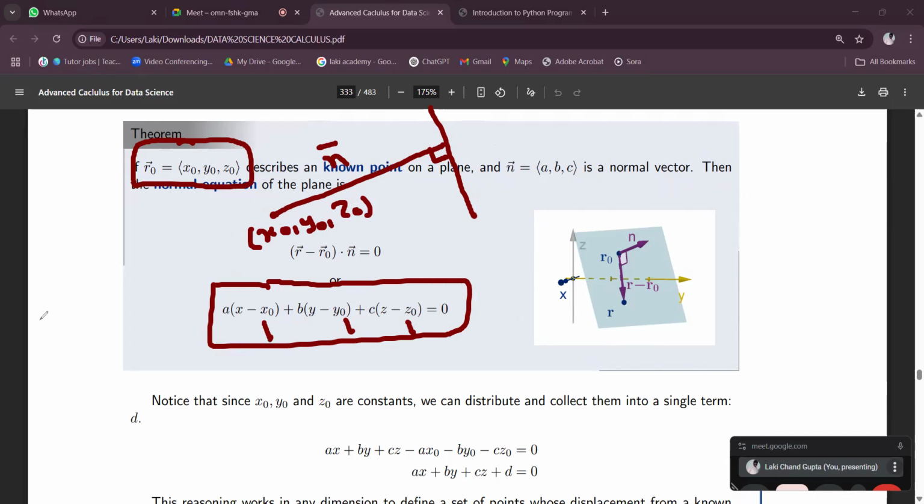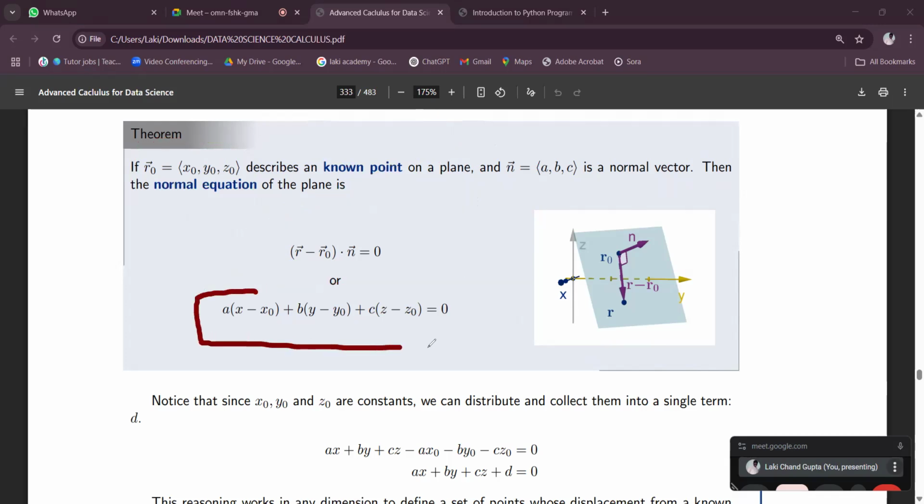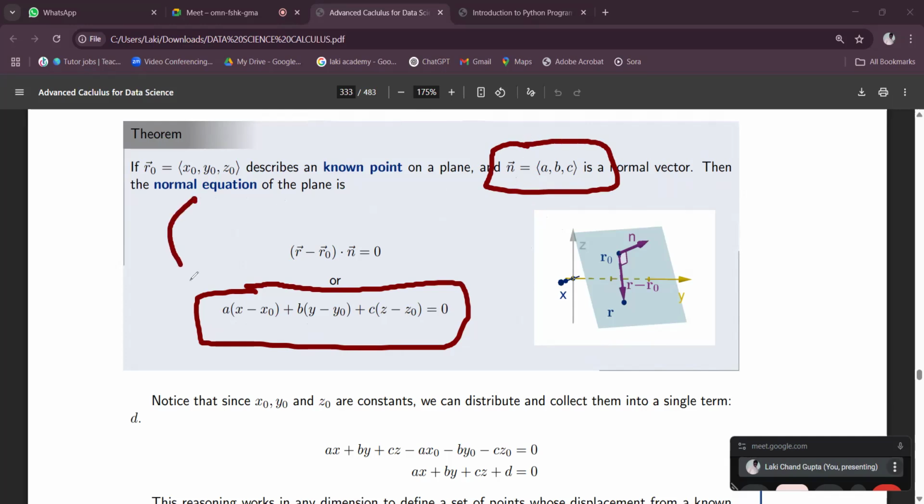So what is the equation of the normal? A into (x minus x naught) plus b (y minus y naught) plus c (z minus z naught). And what are a, b, c? (a, b, c) is the normal vector. So this is the normal equation.